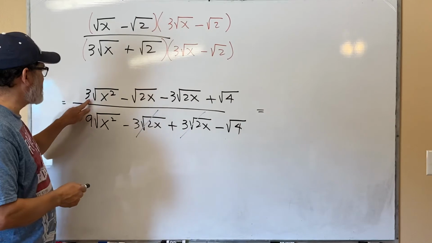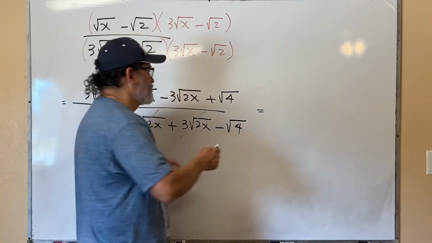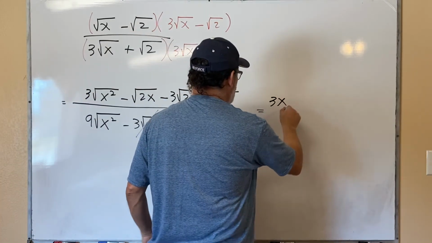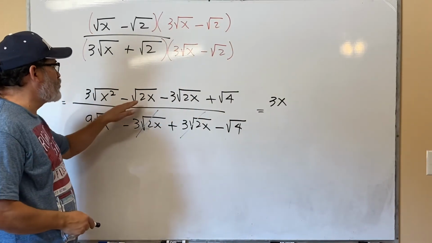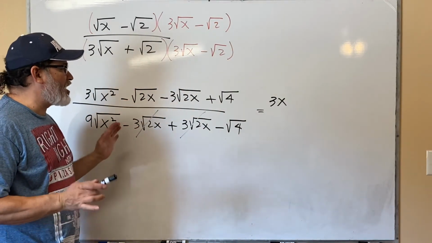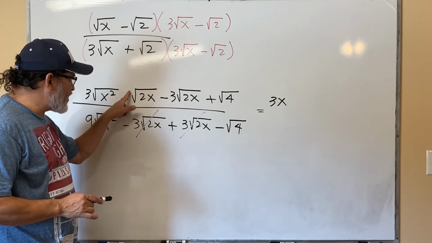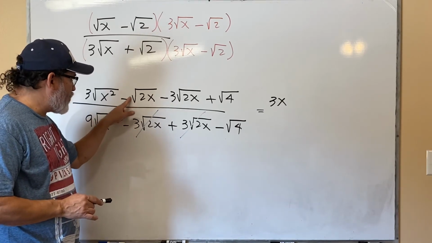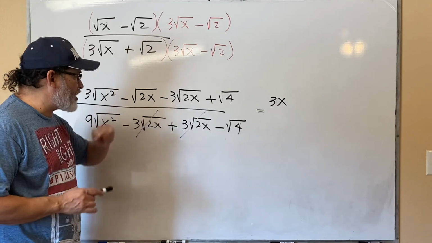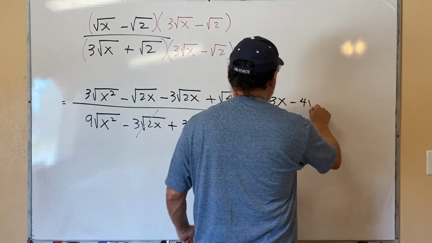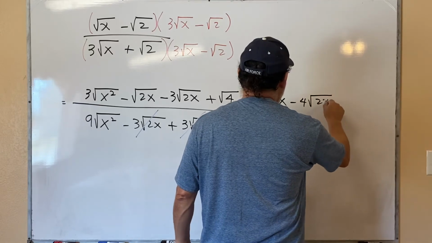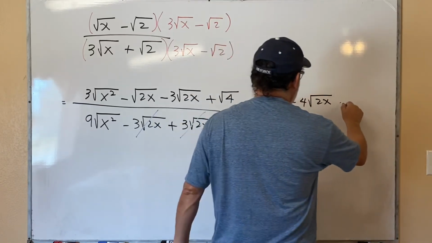So this is 3 times x, 3x. You can combine those two because they are like radicals. There's a negative 1 there. Negative 1 plus negative 3, what is that? Negative 4, the square root of 2x, and then this is plus 2.